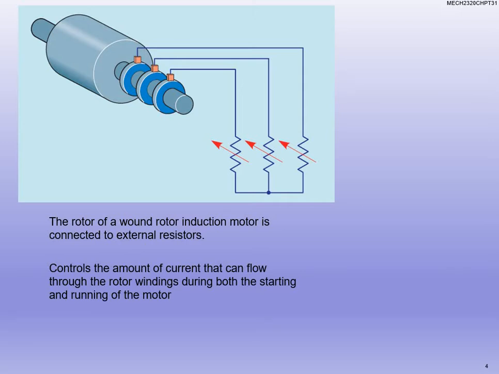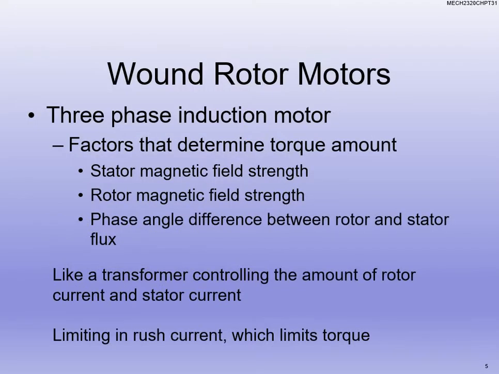Remember, we use resistors to control the inrush of current at the onset of energizing the motor. Notice the resistor symbols on here have an arrow going through them. That means they're what? Variable resistors. So the fact that we have variable resistors means we can use that resistance for startup, and we can use that resistance to control the speed, since it's a variable resistor.